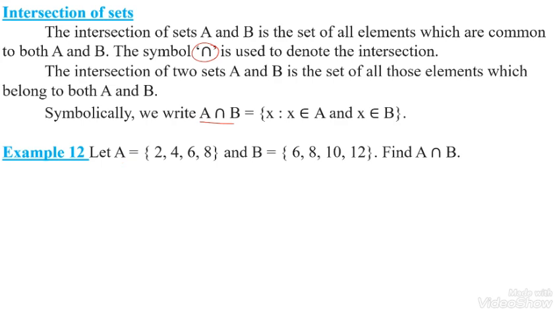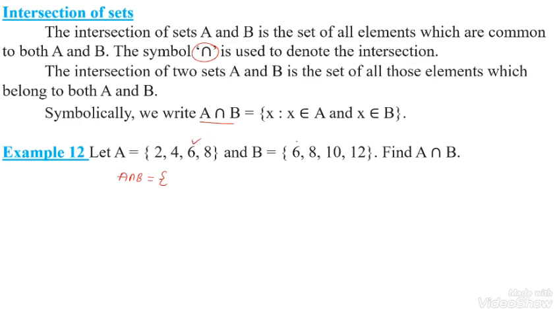Let A be a set containing 2, 4, 6, 8 and B be a set containing 6, 8, 10, 12. We have to find A intersection B. Intersection means we have to take the common elements between these two sets.